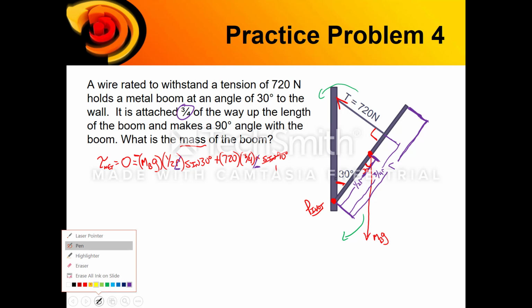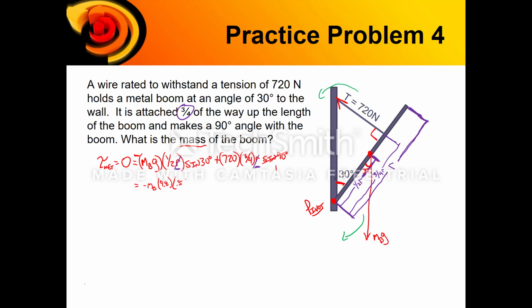That leaves me with negative mass of the boom times 9.8 times 0.5, and the sine of 30 degrees is also 0.5, plus 3/4 times 720, which is 540. That's equal to 0.